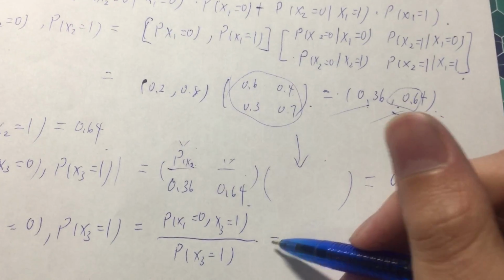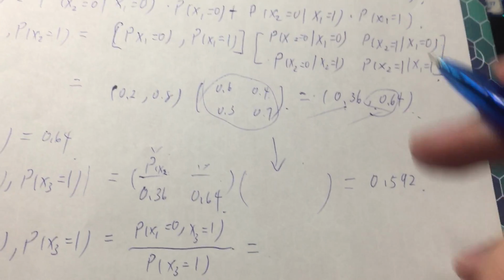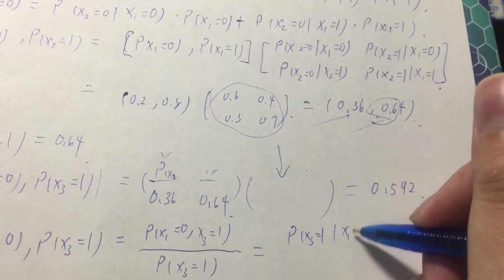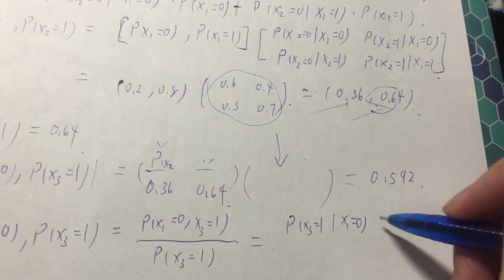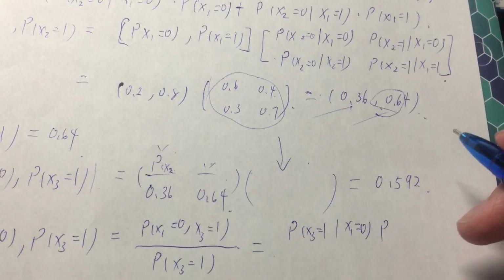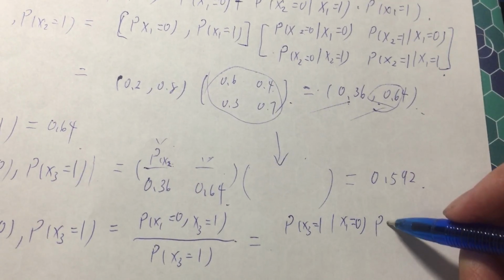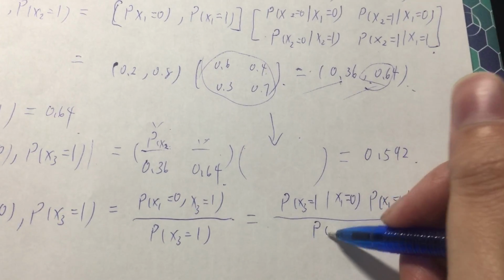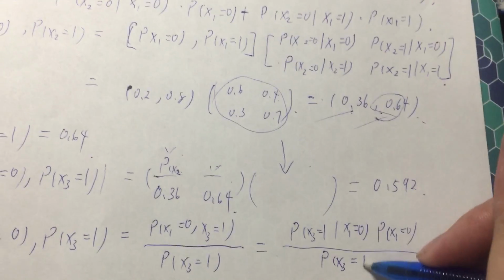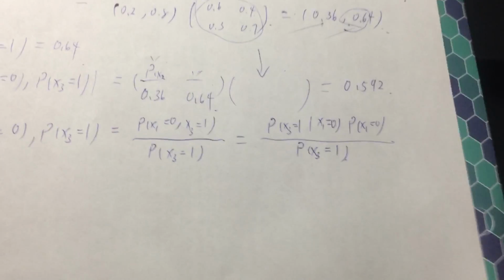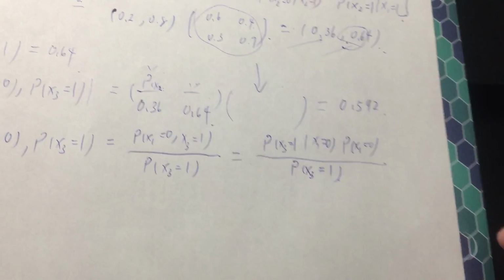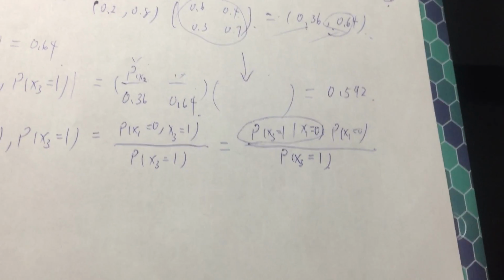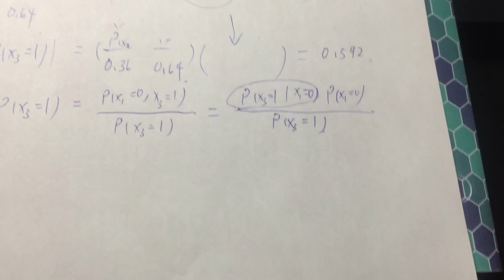So it equals P(x3 = 1 | x1 = 0) times P(x1 = 0) over P(x3 = 1).